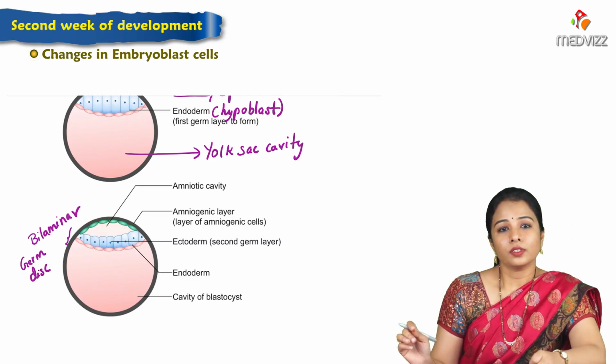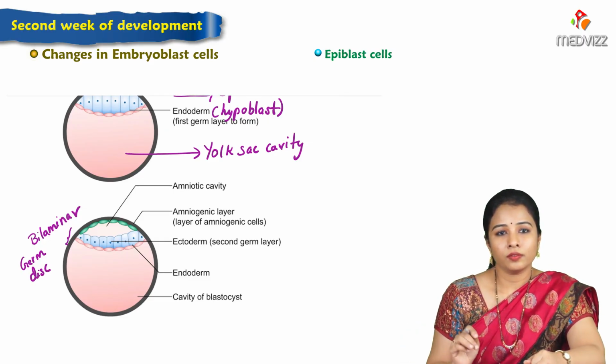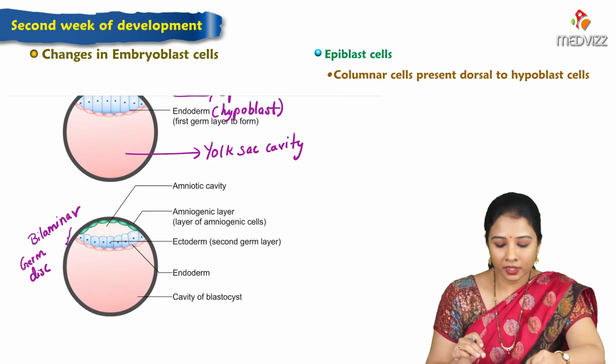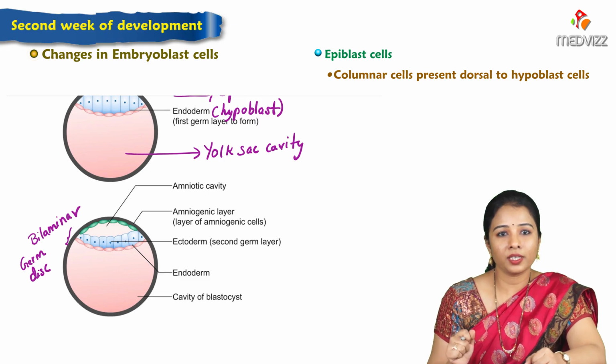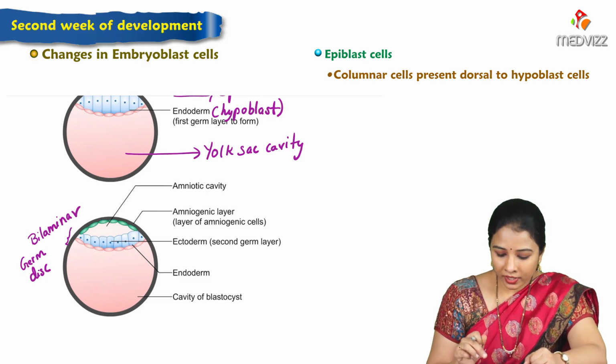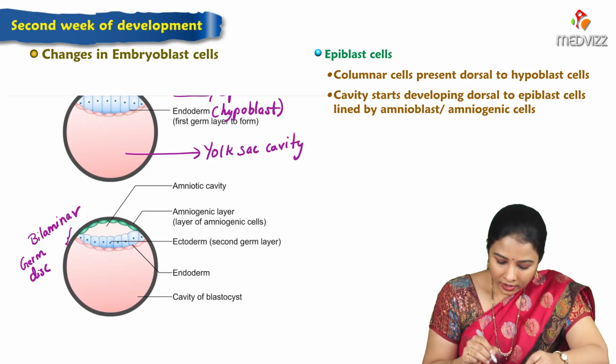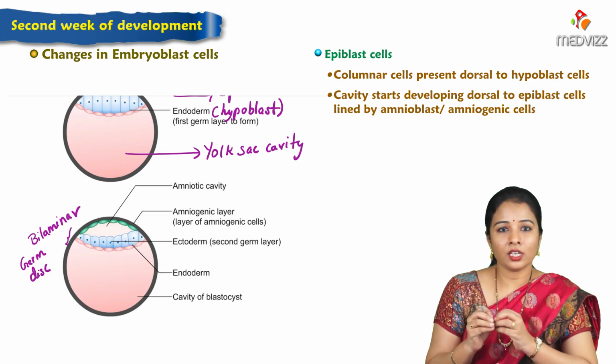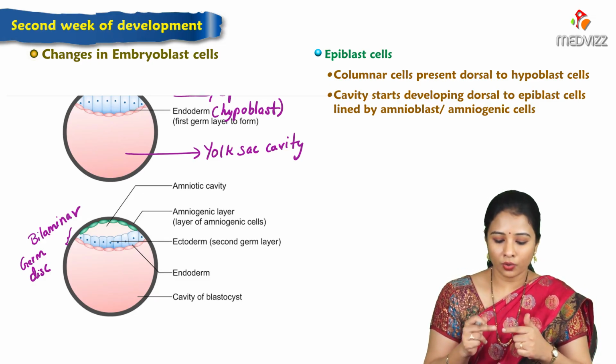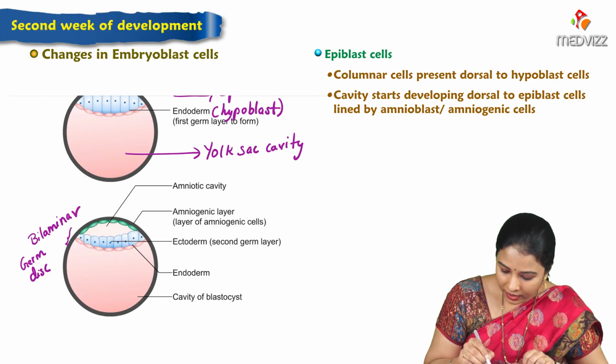Okay. Now the epiblast cells, which are the columnar cells present dorsal to the hypoblast cells, there we can see a cavity starts developing dorsal to the epiblast cells, and slowly the epiblast cells start differentiating, they start growing, and they line the cavity.